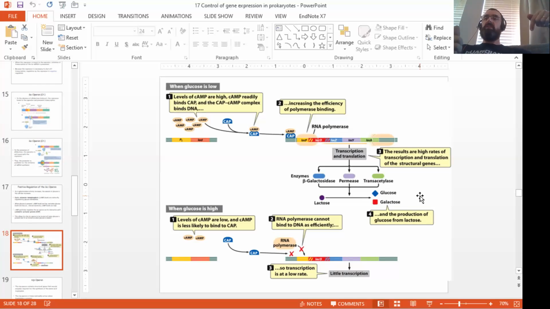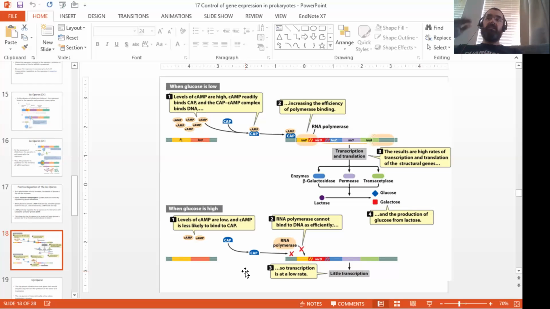So as glucose starts rising, cyclic AMP starts dropping, and as it does, there's less of it to be bound to the catabolite activator protein. So now you can see why it's more of a dial than a switch, right? Because there are intermediates between high cyclic AMP and really low cyclic AMP.